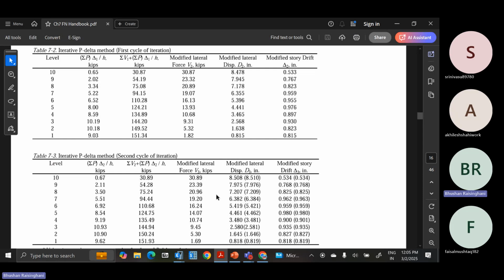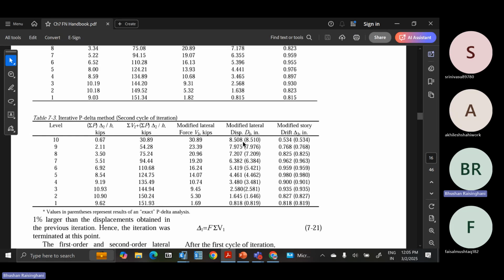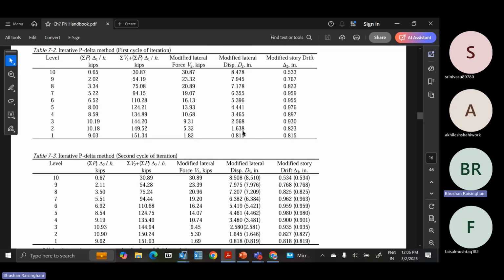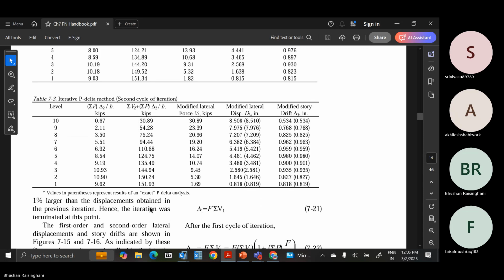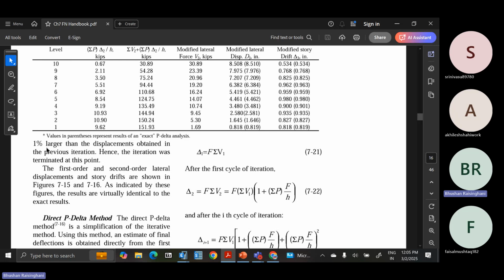And after doing all those things again, I get a new displacement from 8.508 to 8.510. So all these changes you can see have happened. And the story drift 0.533 has become 0.534. So a nominal change in the story drift also happened. There is only 1% displacement change happening.